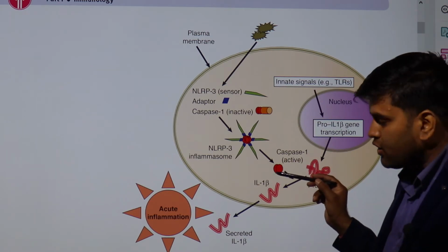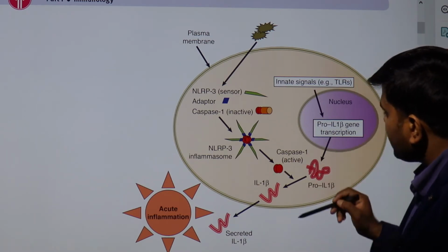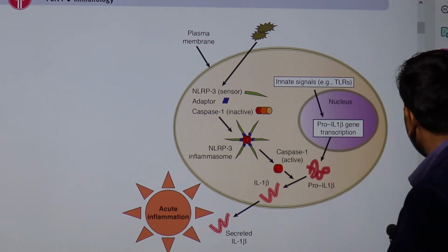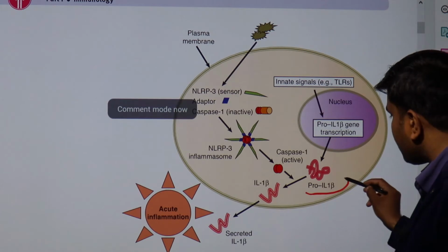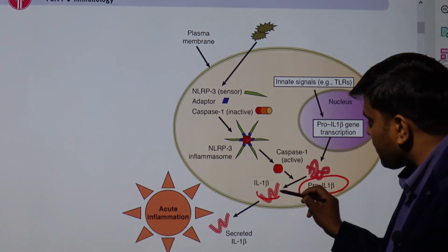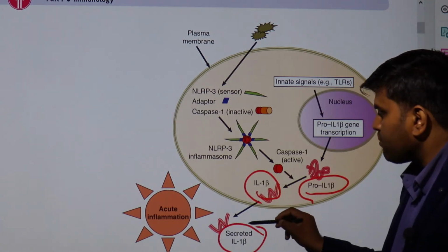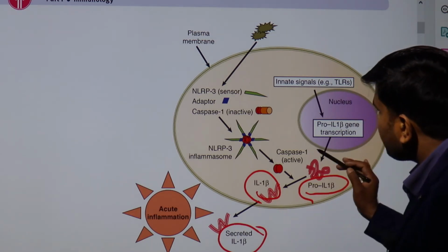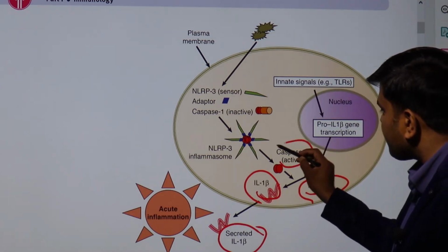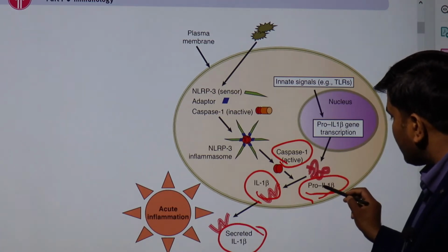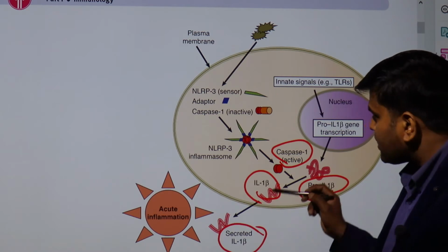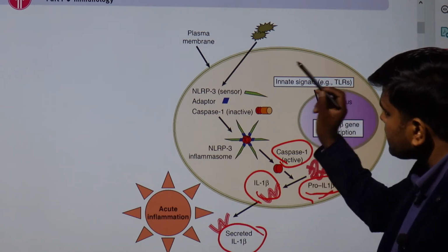Once the active one has been formed, what they do is convert the pro-interleukin 1 beta into the interleukin 1 beta that is secreted outside and plays the role in acute inflammation. So what is happening? We have to understand this caspase 1 is required for the activation of pro-interleukin 1 beta into interleukin 1 beta, and that is how it will come, by this inflammasome.